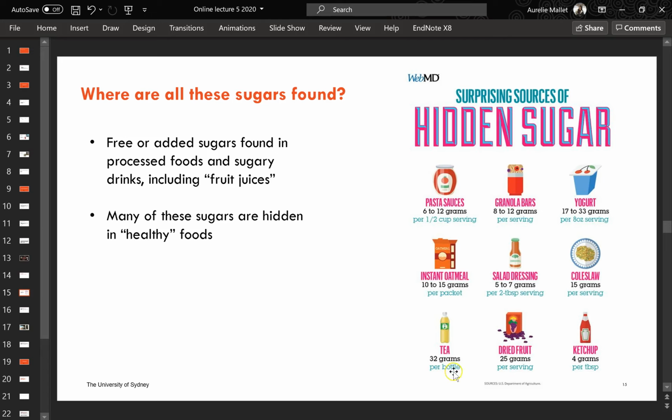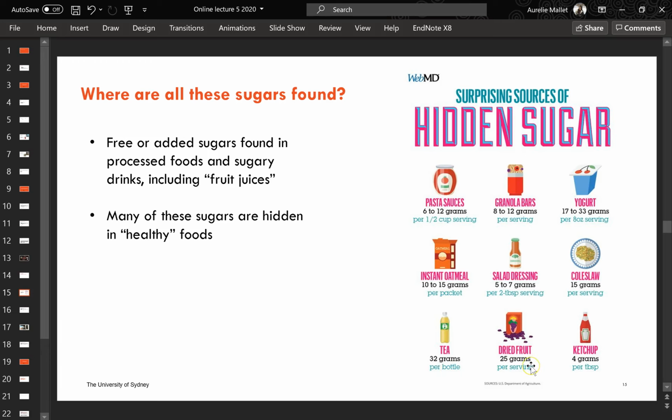Coleslaw as well. Tea, and when it says tea here, this is Lipton tea, for example. Lipton markets its tea as tea, but it contains a lot of sugar in it.